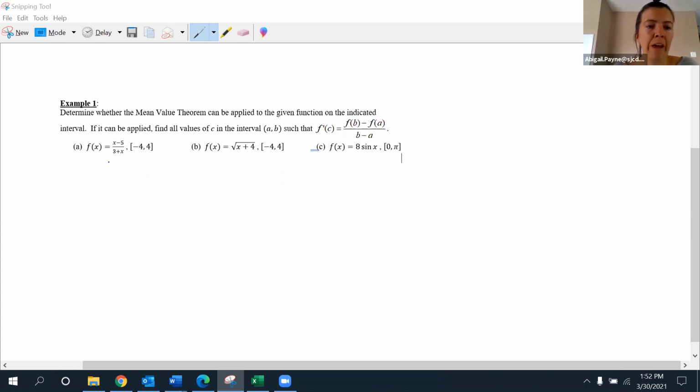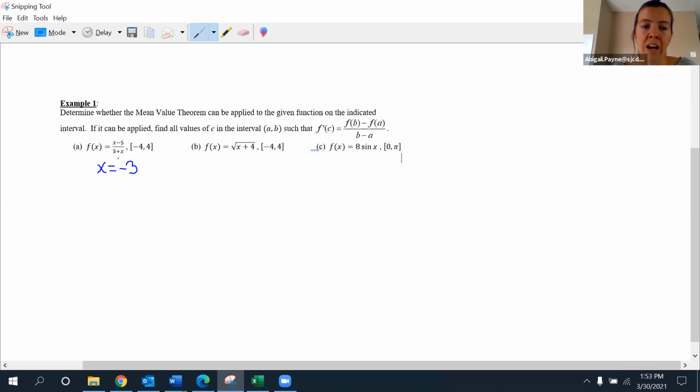So looking at example A here, f of x equals (x minus 5) over (3 plus x). That function is undefined when x equals -3, right? We've got a problem with the domain at -3. The mean value theorem applies to a particular function when it is continuous and differentiable.